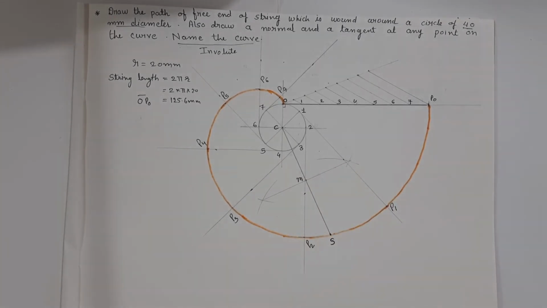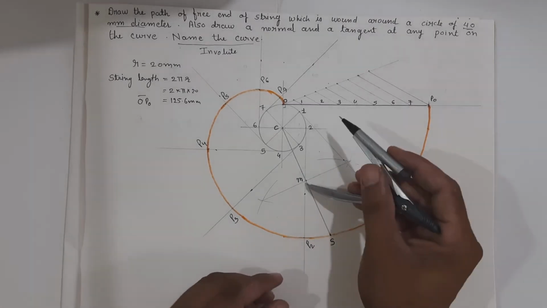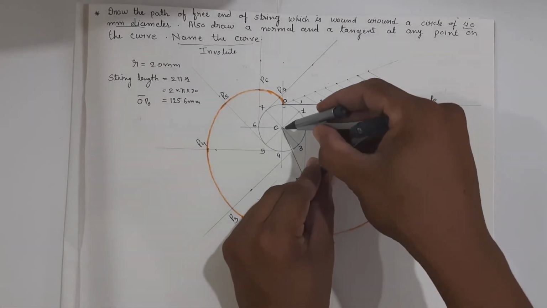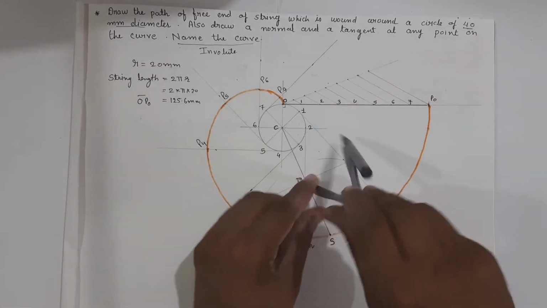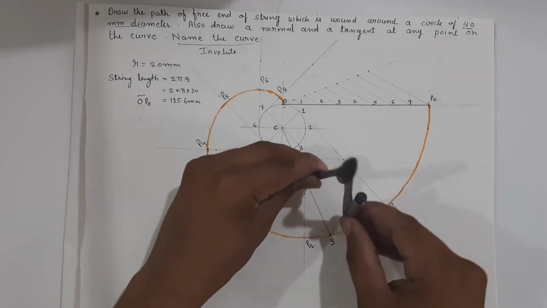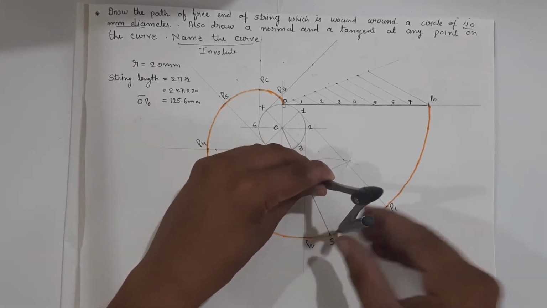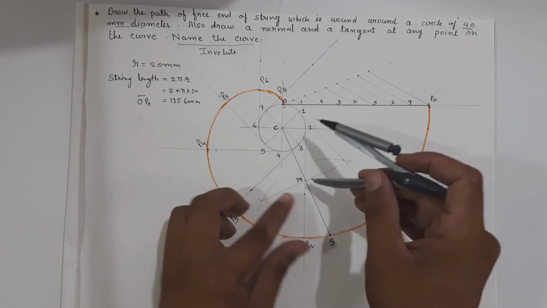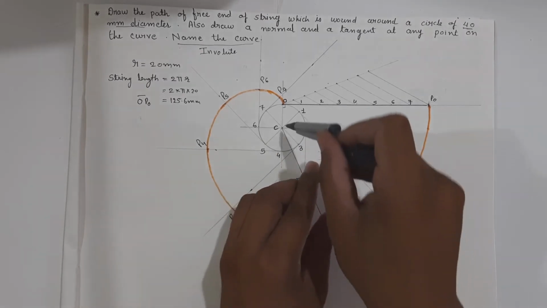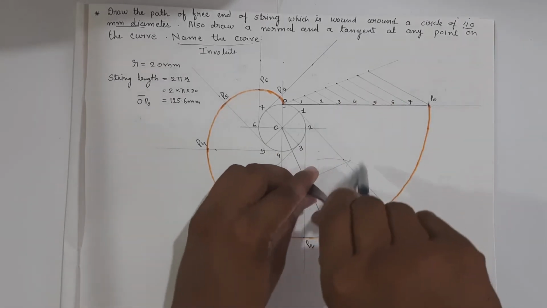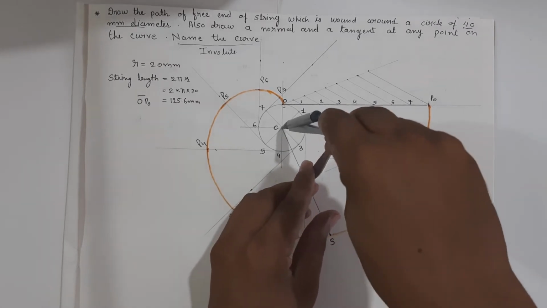Now after finding the midpoint M, measure M to C distance or M to S distance on the compass, and draw a semicircle like this.